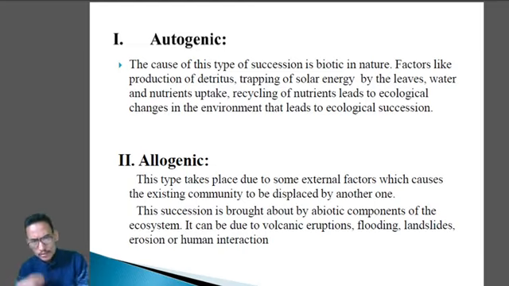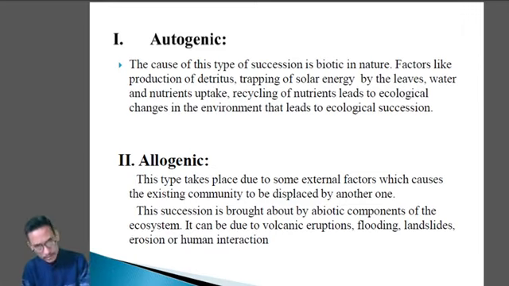Write down under autogenic: when a community is replaced due to the modification of environment by living organisms, the succession is called autogenic. One more time, when a community is replaced due to the modification of environment by living organisms, the succession is called autogenic.